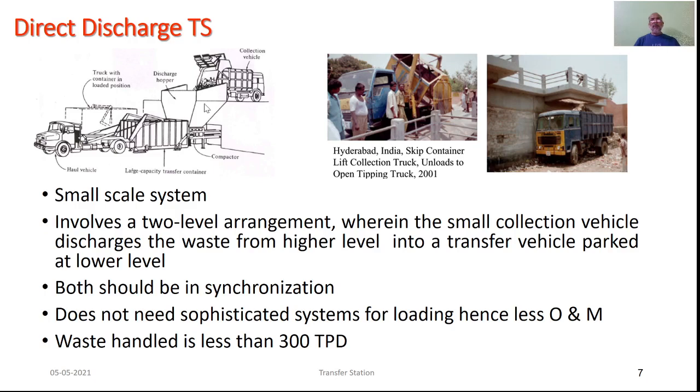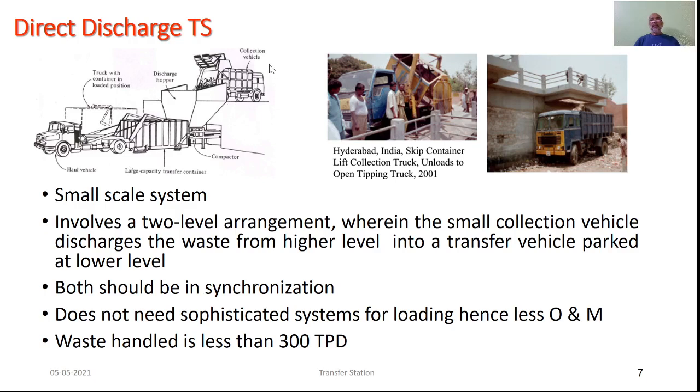Here there is a hopper placed connecting the level at which the collection vehicle stands and the hauling vehicle. So, as this definition sketch explains, it involves a two-level arrangement where the small collection vehicle discharges the waste from the higher level into a transfer vehicle parked at the lower level.